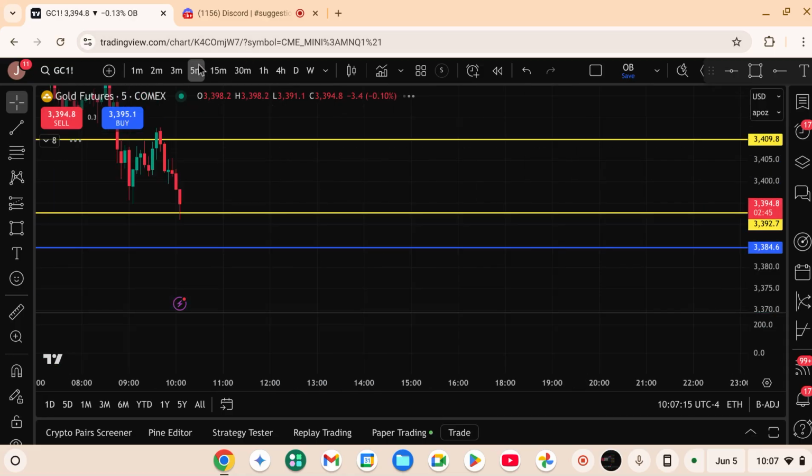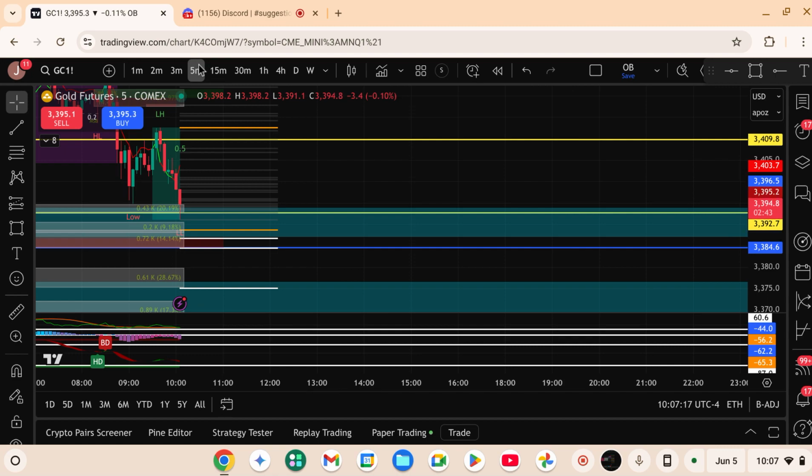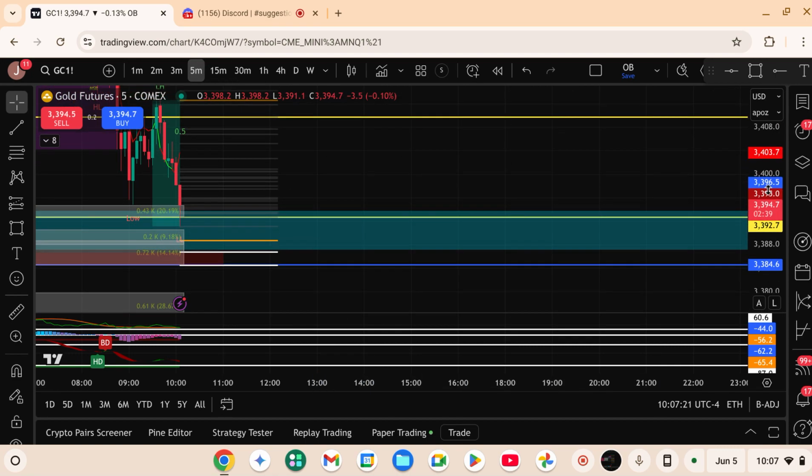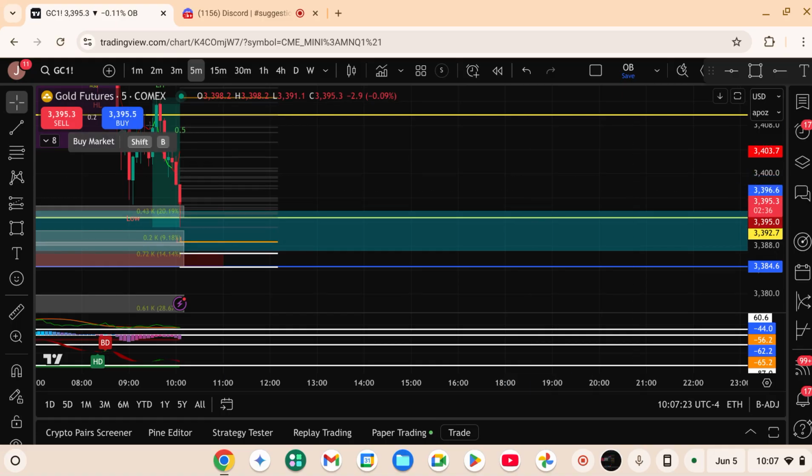Let me go to the 5 minute. So if we close outside of this area, we can take longs and we'll put our stop below this line here, as long as we close outside of it.